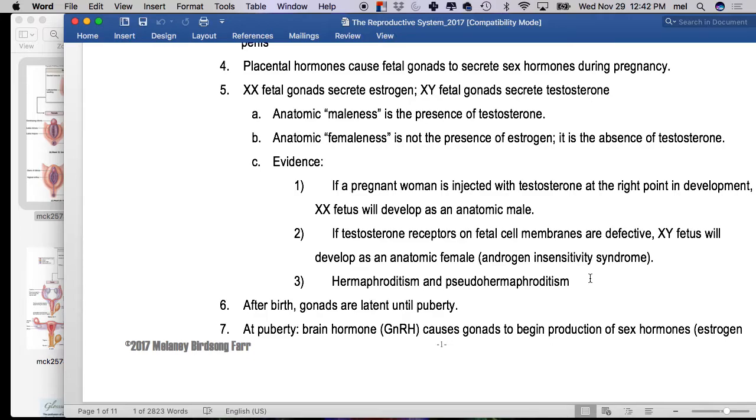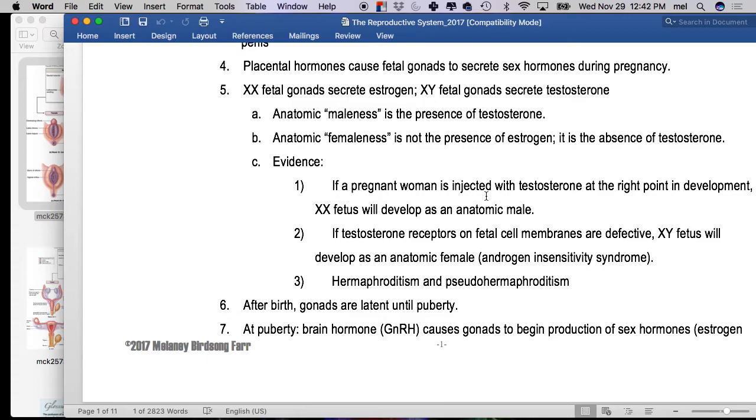Okay, all right. So if a pregnant woman is injected with testosterone at the right point in development, you can have an XX fetus develop as an anatomic male. Now, what if, and this is the one that's really interesting to me, you have an XY fetus with insensitive or improperly formed testosterone receptors so that they can't respond to testosterone? Do you understand what I'm saying?